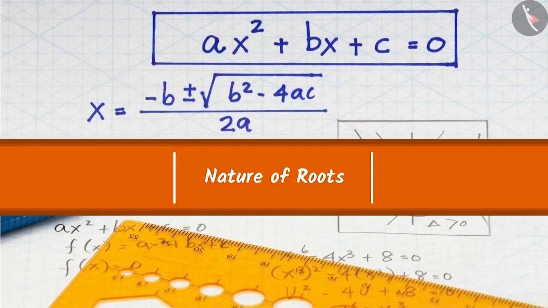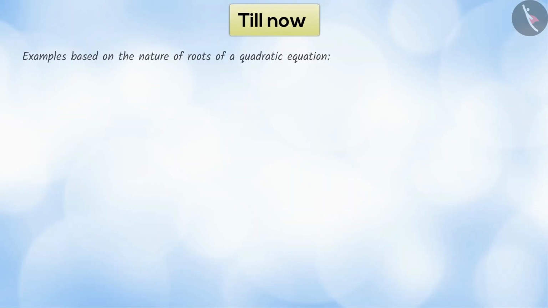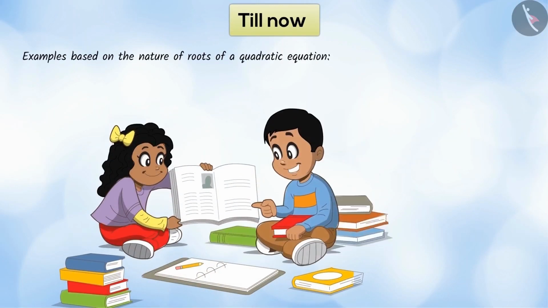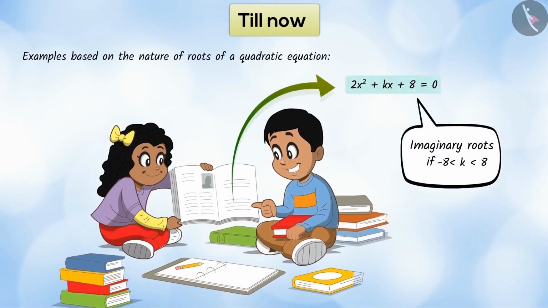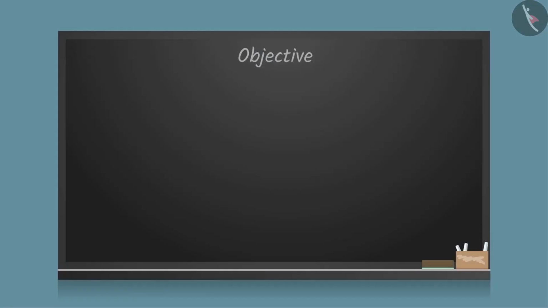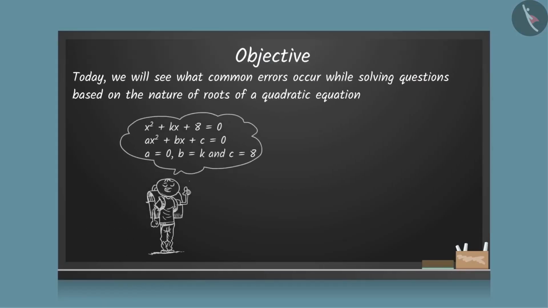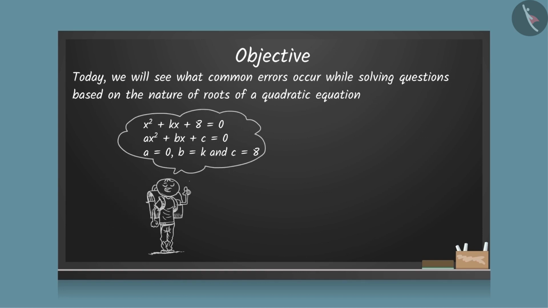Welcome to this video. In the previous video, we saw some interesting examples based on the nature of roots of a quadratic equation. Today, we will see what common errors occur while solving such questions.